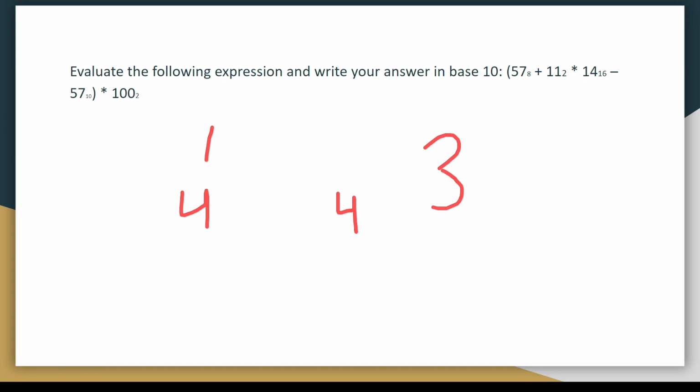So 1 times 16 power 1. So 16 power 1 is just 16, so this is 2, 0. So it's 3 times 20. That's 60. So we just underline this part and put it as 60.